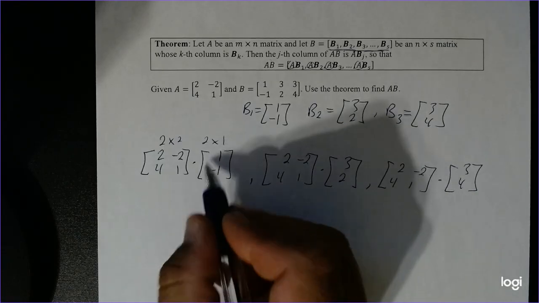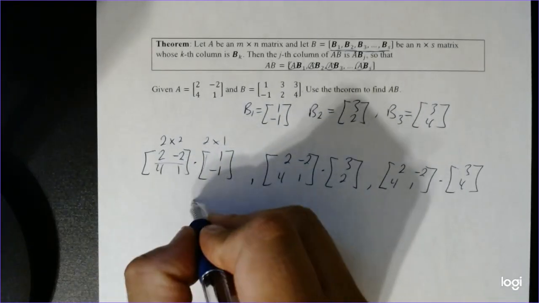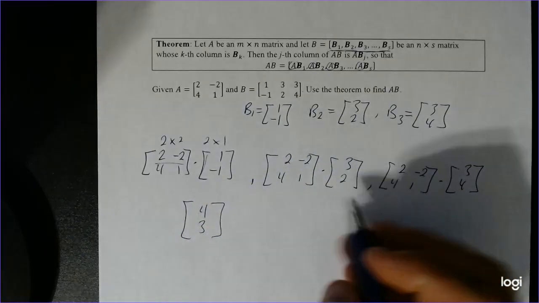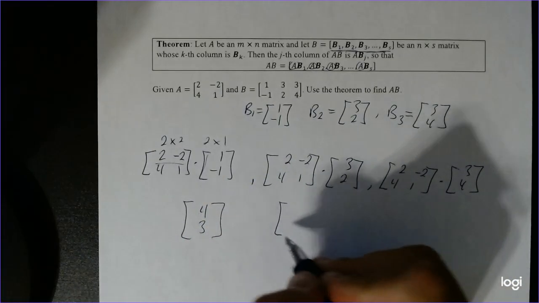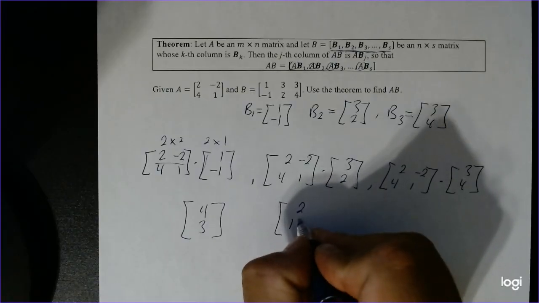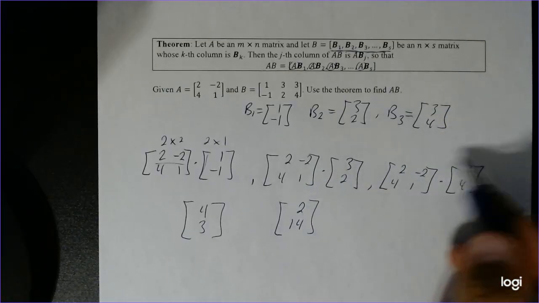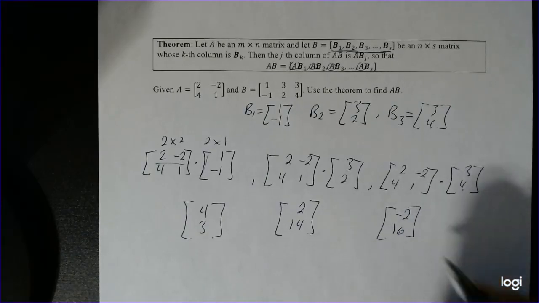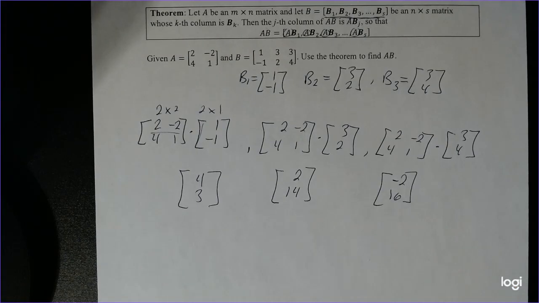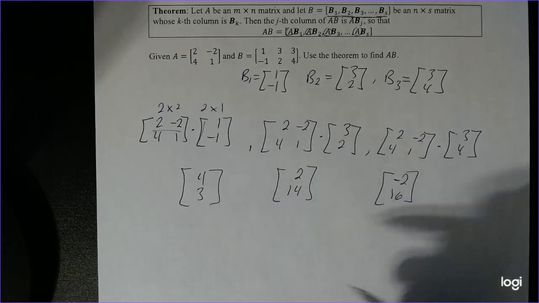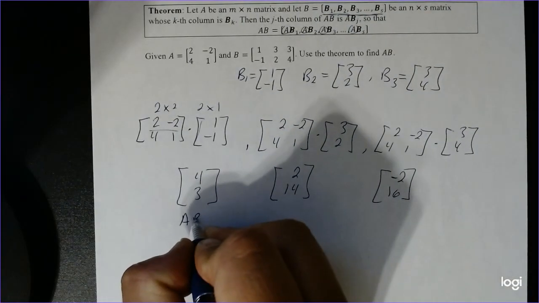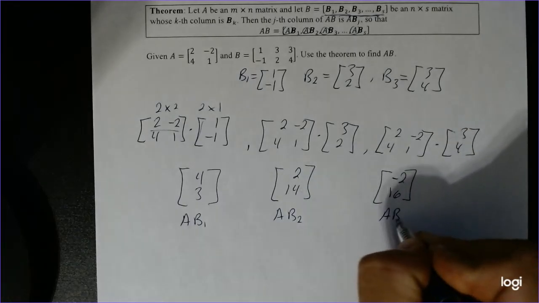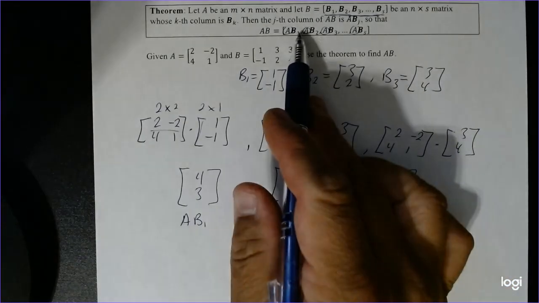If we multiply, that by that gives us the matrix 4, 3. Multiplying these out gives you 2, 14. And then multiplying these out gives you negative 2, 16. Now remember, these are the entries AB1, AB2, and AB3, which are those definitions right here.